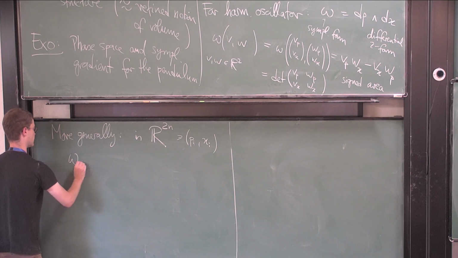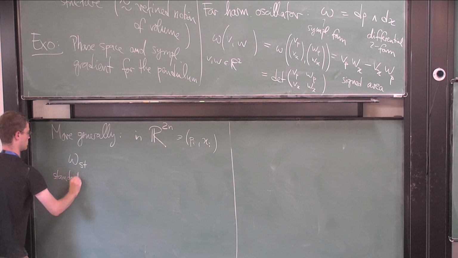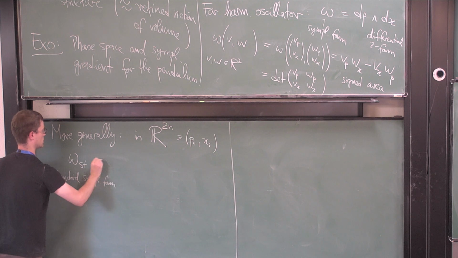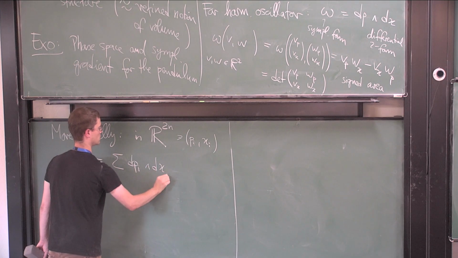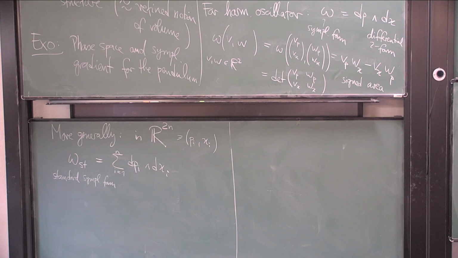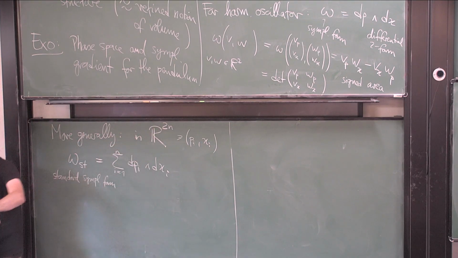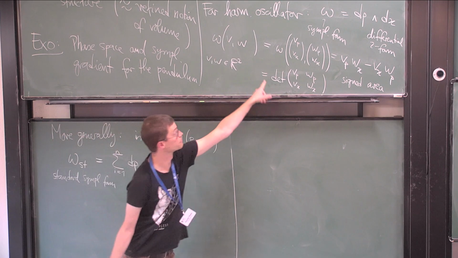The typical symplectic form, called the standard symplectic form, is given by the sum of dpi wedge dxi. Really it's a bit like you treat R2n as R2 plus R2 plus R2 and so on, and on every R2 you see this kind of area form.